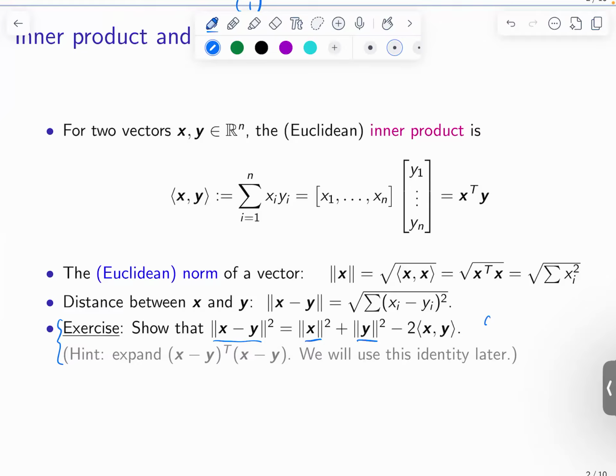This is like the identity that you know for scalars, a squared plus b squared minus 2ab. You can prove this by writing it as x minus y transpose times x minus y, and then basically expanding and simplifying. So this identity would be useful for us later.